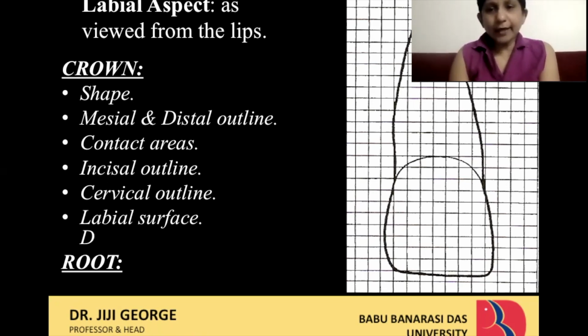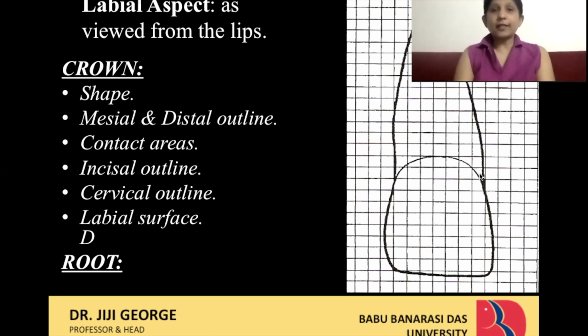If I talk about the borders of the crown, as I'm moving the cursor, you can see that this upper border is called the cervical line. The cervical line is semicircular, and it separates the root from the crown.